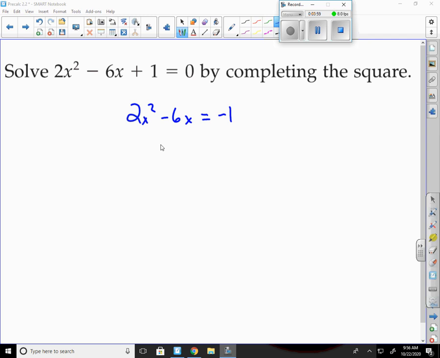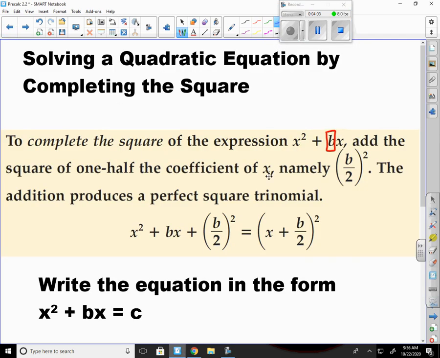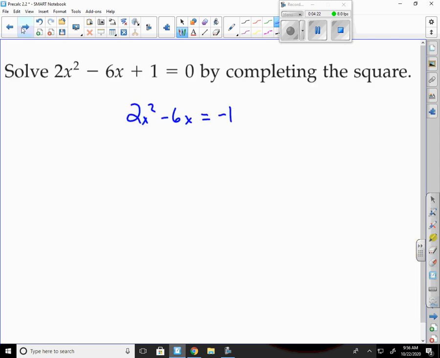But if I look at this now, if I go back to my original, you'll notice something. My original just had x squared. This has a 2x squared. So if I'm looking at what it said to complete the square of x squared, it doesn't say anything about a coefficient being in front of the x squared. That's going to take us to our next actual step.